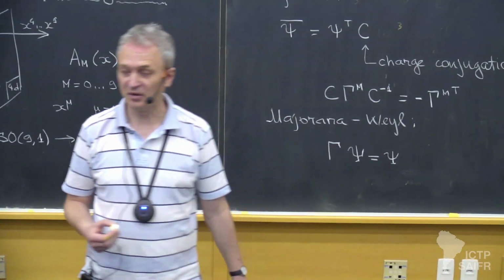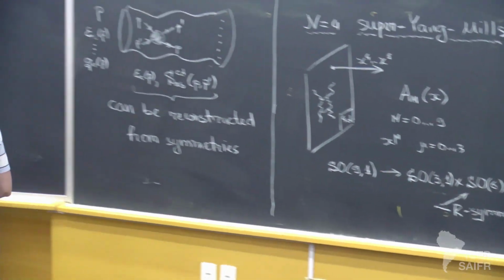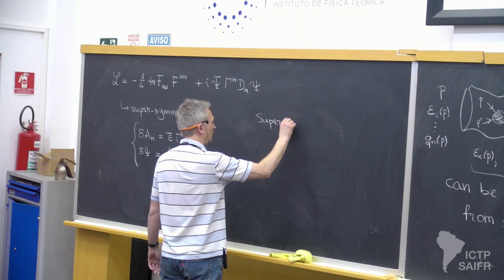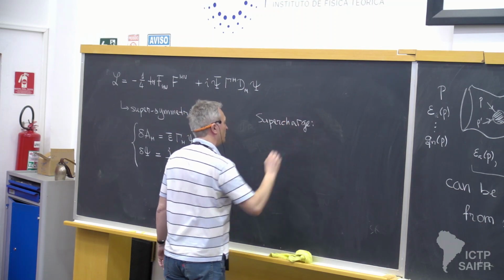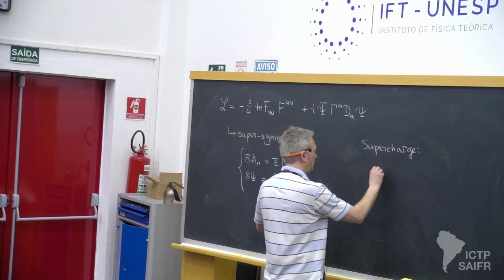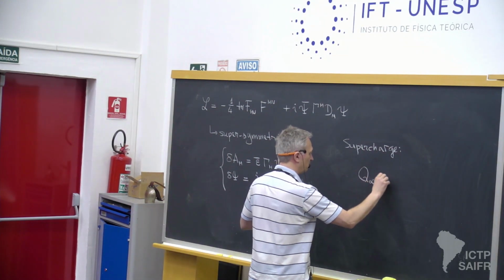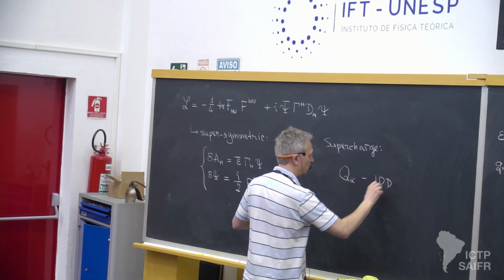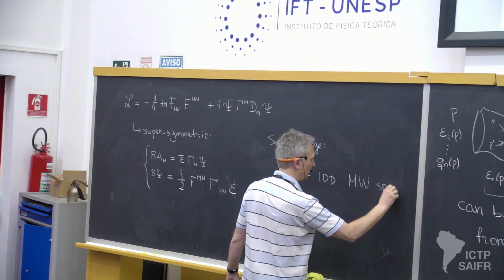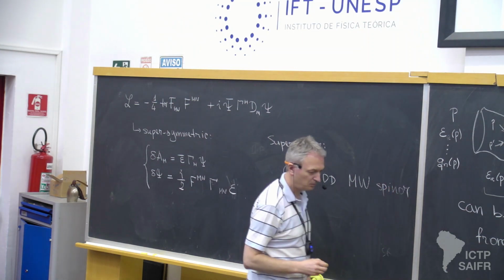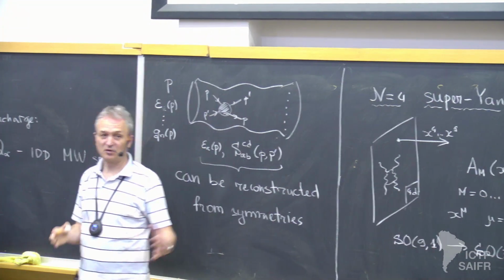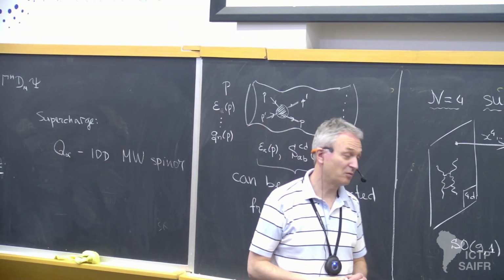Yes, it's N=1. So the supercharge has the same indices as epsilon. So it will be a 10-dimensional Majorana-Weyl spinor, and obviously it has only a spinor index and no other indices. So it's N=1 supersymmetry.